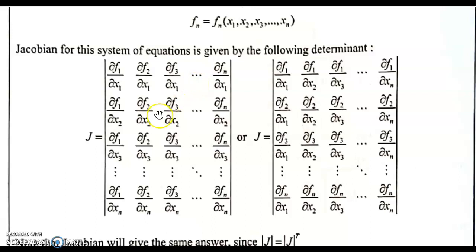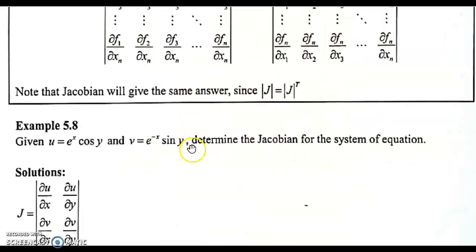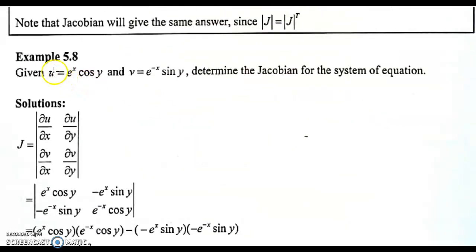So to calculate the Jacobian, basically we are going to calculate the determinant, right? The determinant of the first derivative of the respective variable. For example, here you have u in terms of x and y. You have two variables in function u, you have two variables in function v.